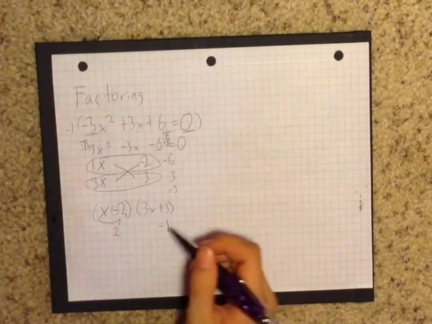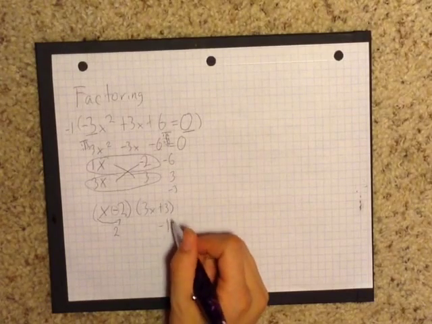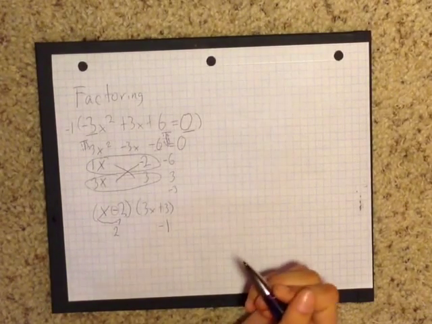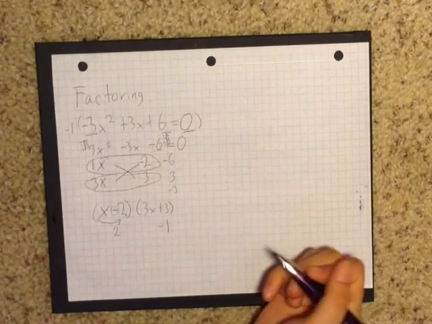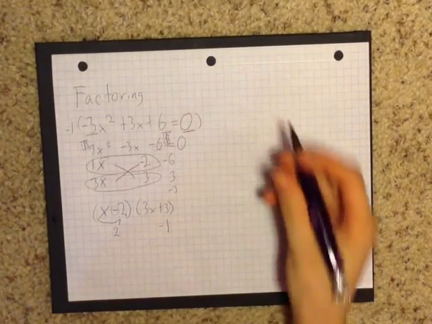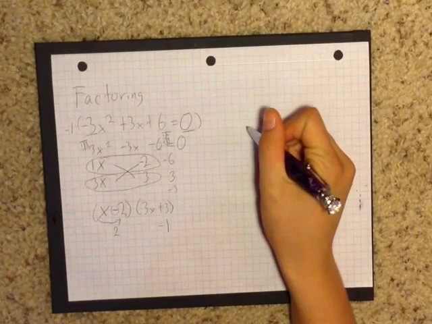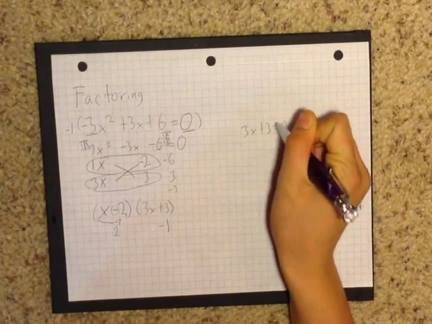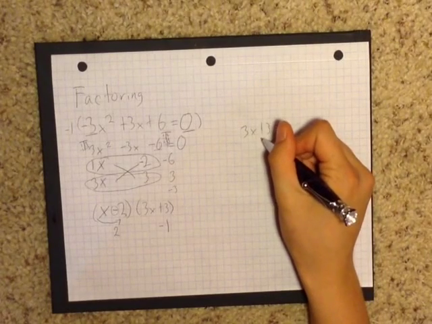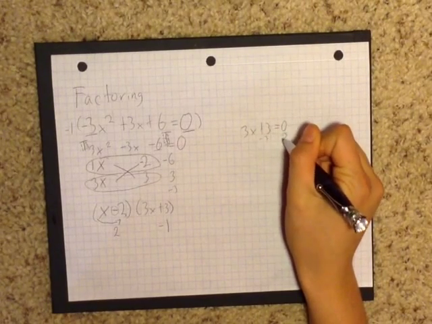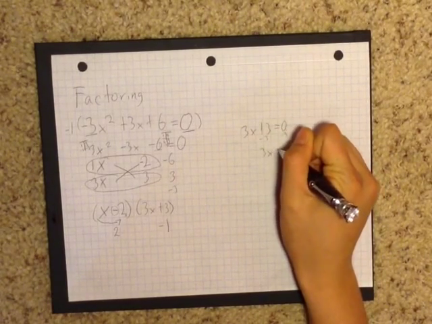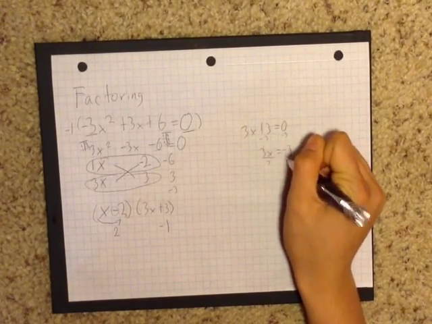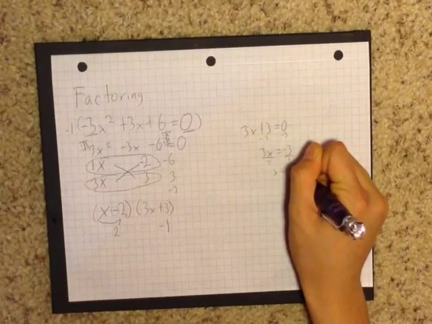Because we want this to be 0, we're going to swap that out to the other side to find x, and we get -1. So, in terms, it would look like this. 3x plus 3 equals 0, but we want to find x, so if we subtract 3, we get 3x equals -3, and we divide both by 3, we get x equals -1.